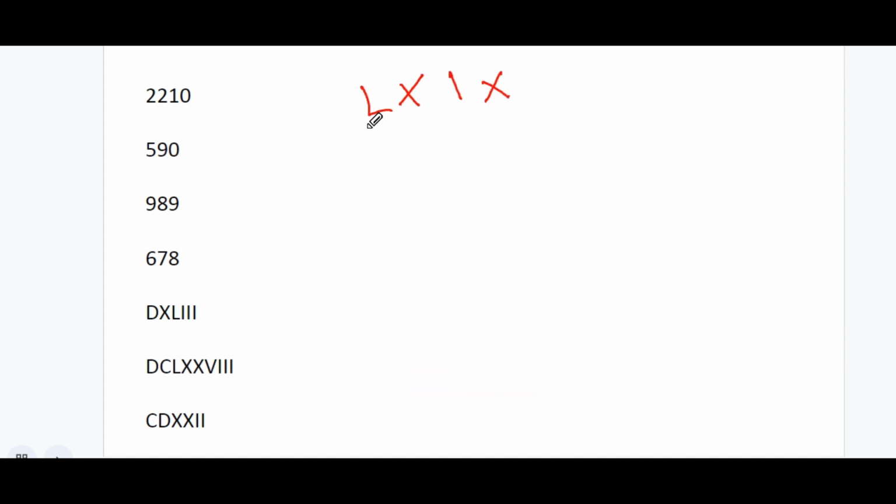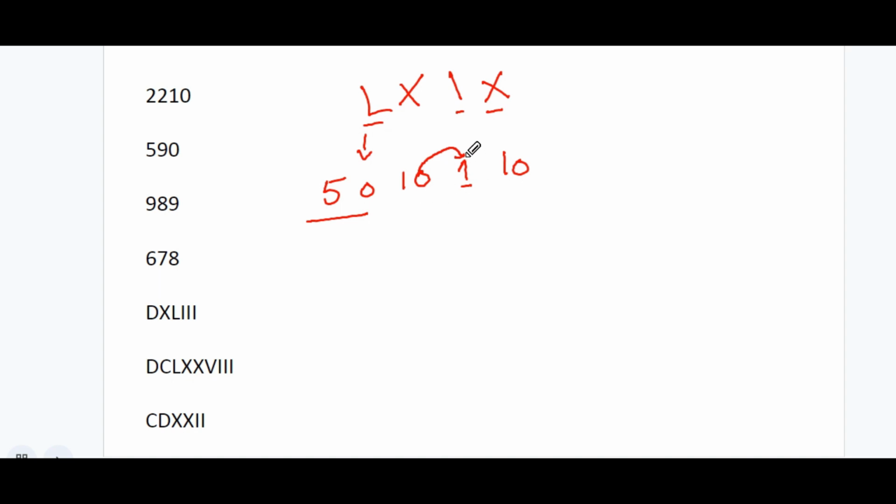Okay, now let's solve this question. What we need to do is first write all the numbers. That is 50, then you have 10, then you have 1, and then you have 10. Okay, so you know that 50 equals L, fine. We have to see the next number, that is 10. Up to here it's all fine. Now what's happening, you are getting a smaller number again, that is 1.